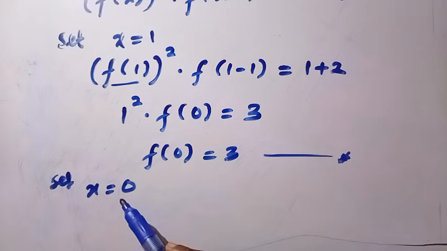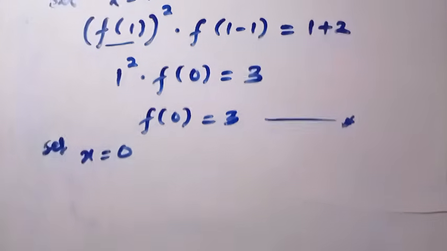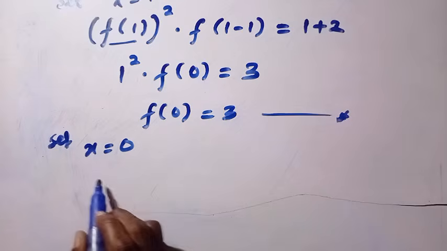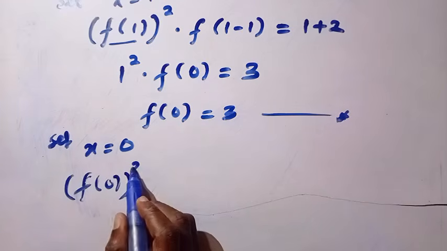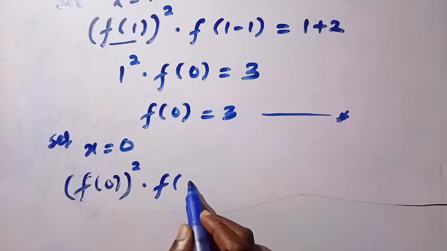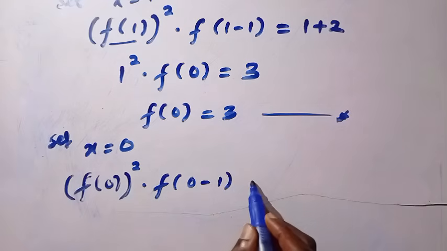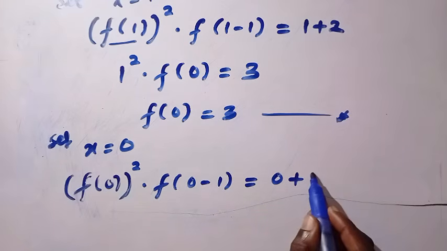So this is just like a cascading substitution. We start from the highest, then we move down to the lowest. Then if I substitute this, we are going to have f of 0 raised to the power of 2 multiplied by f of 0 minus 1 equals 0 plus 2.